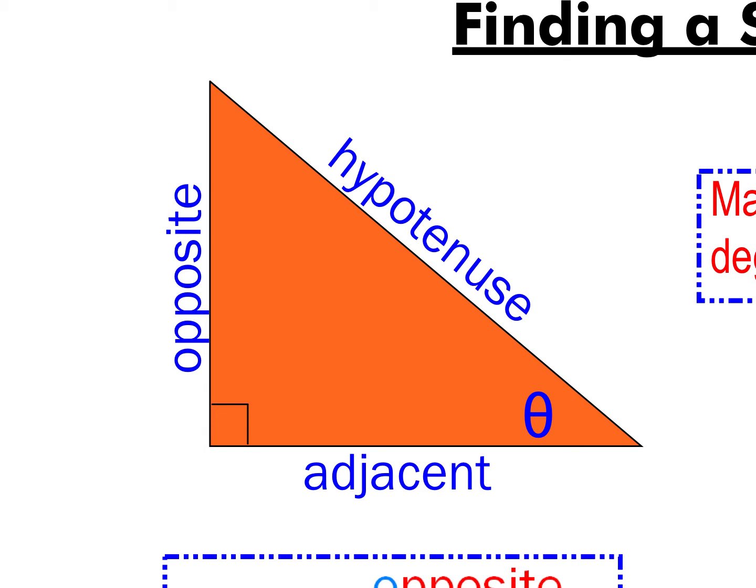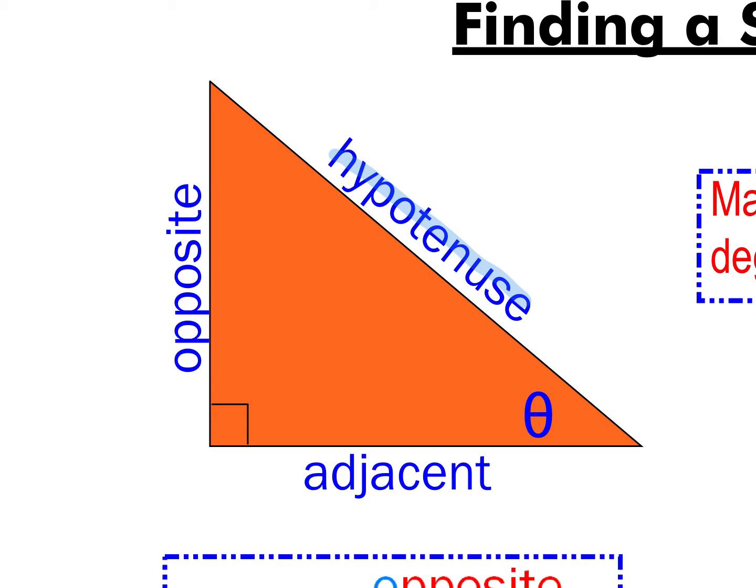So all the trigonometry that we're going to do in this course is going to be centered around right angle triangles. In a right angle triangle, there are three sides. The three sides are the hypotenuse, which is always the biggest side of the triangle.